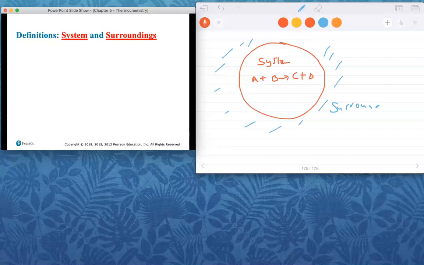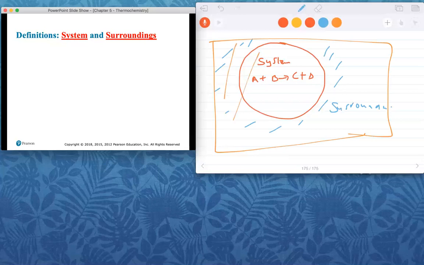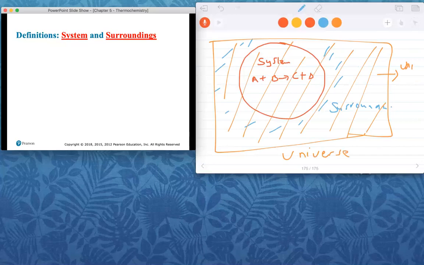This is called surrounding. And then the surrounding plus the system, everything, we call this the universe. When we say universe, with the planet where we live, it includes the stars, everything, the sun, the moons, anything out there in space.